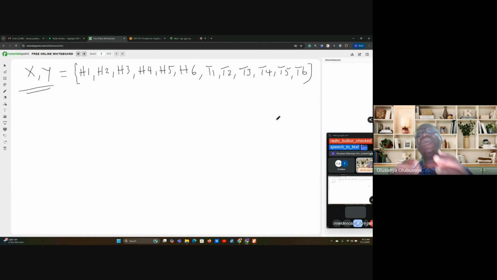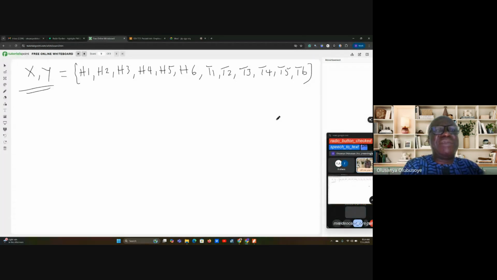So you could have two or more events in your experiment. As usual, we can also construct a joint.